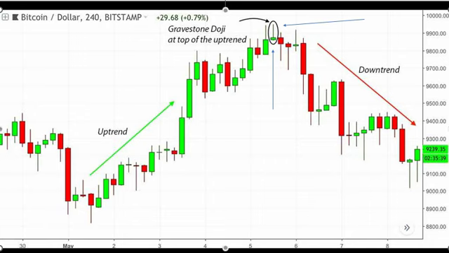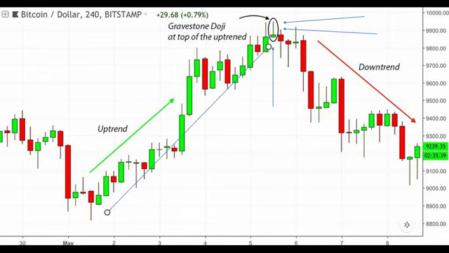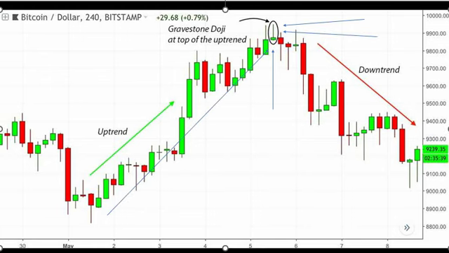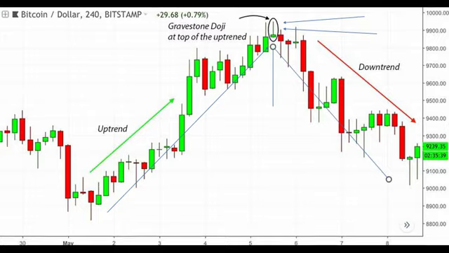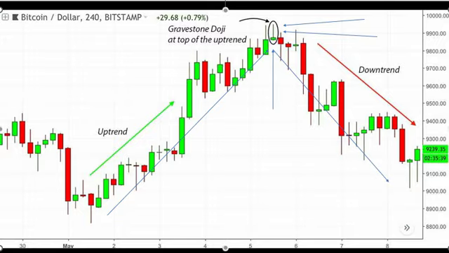If we see a doji like this in an uptrend, it means that the trend is exhausted. Now it's time to reverse the trend. It is an uptrend, and after this doji formed, the trend changed and came down. It shows the exhaustion of the trend.